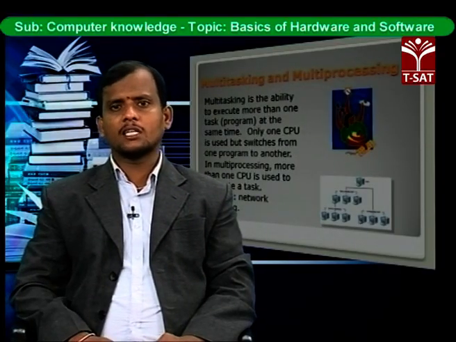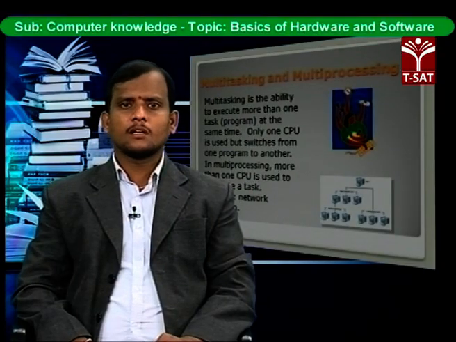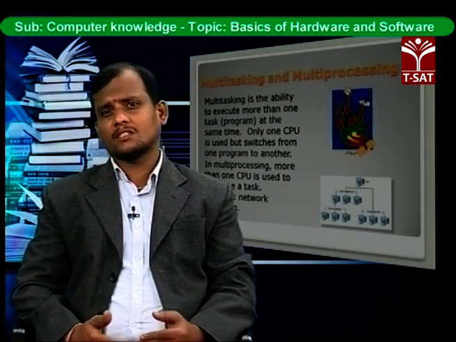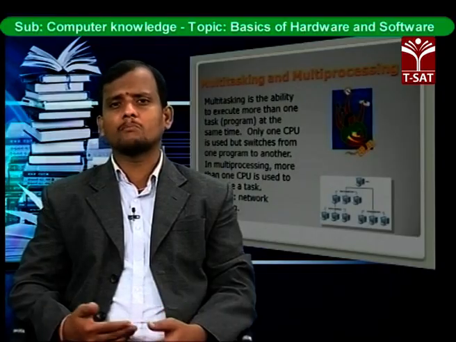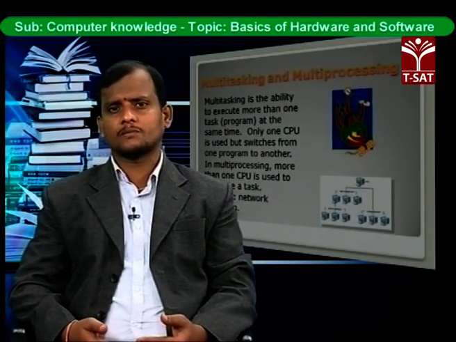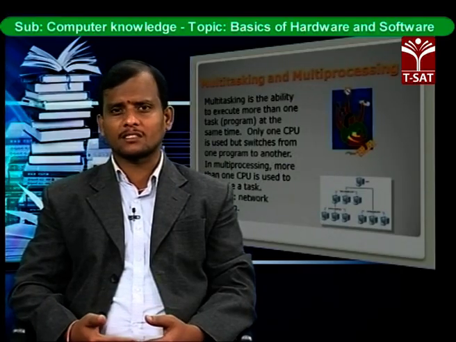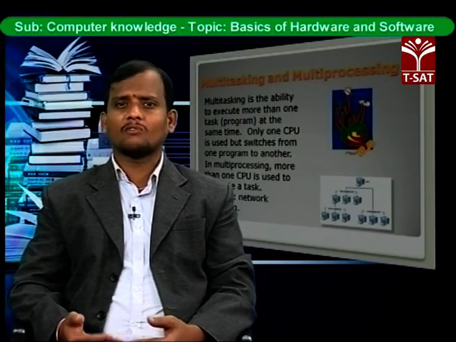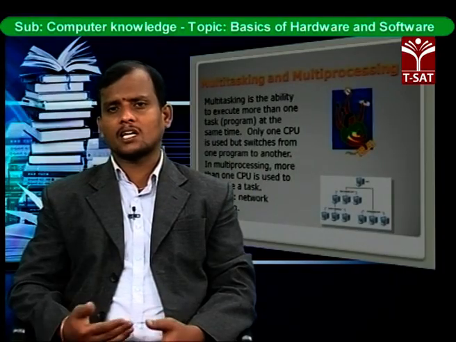Multitasking and multiprocessing. Multitasking is when we give multiple instructions or multiple executions to a program at a given point of time. It is the ability to execute more than one task at a given point of time.